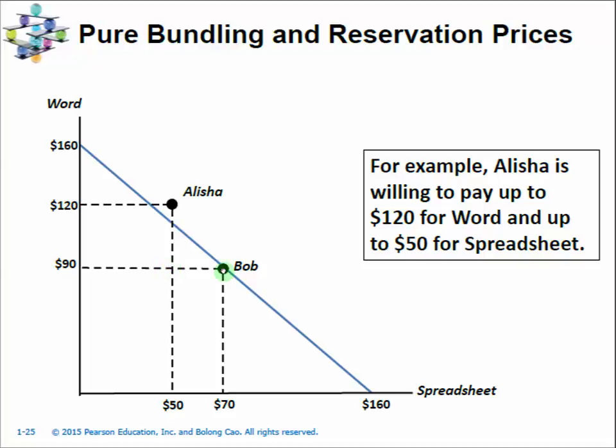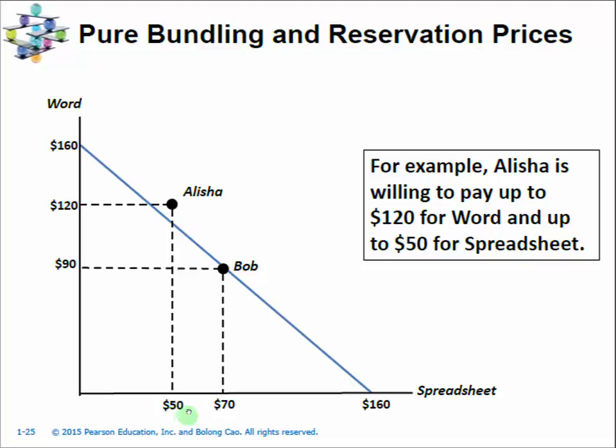For Bob, he's exactly paying his reservation price on the word processor, but there is $20 of unexploited consumer surplus from the spreadsheet. Bob has a higher reservation price, $70, than the $50 price on the spreadsheet.